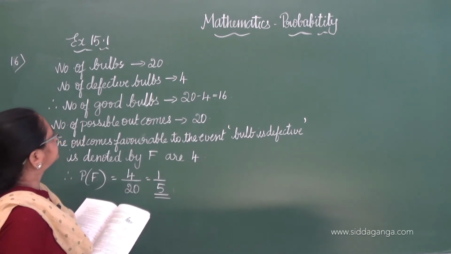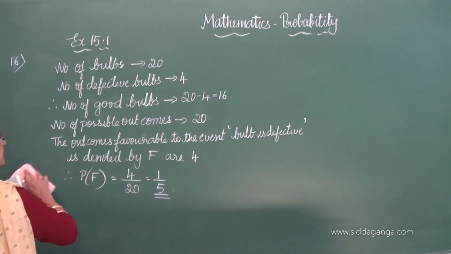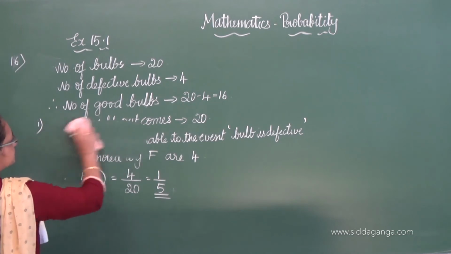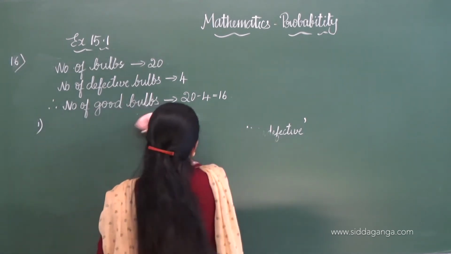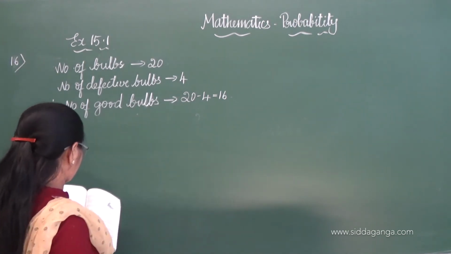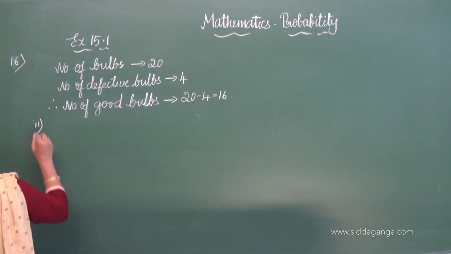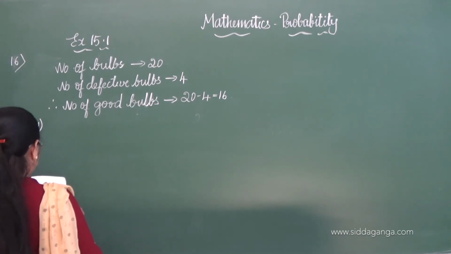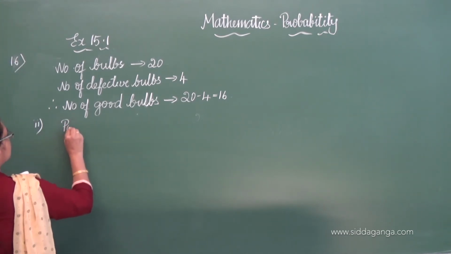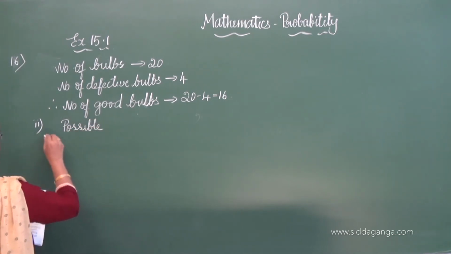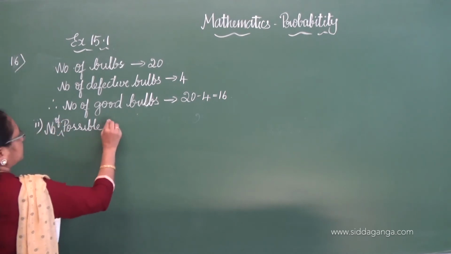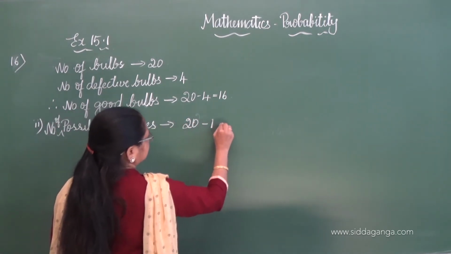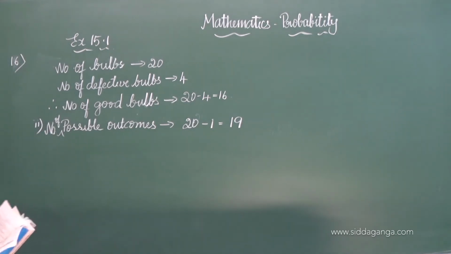For the second draw, I will start right here; this was the first one, and this is the second one now. The number of possible outcomes: out of 20, 1 is removed, therefore it is 19.